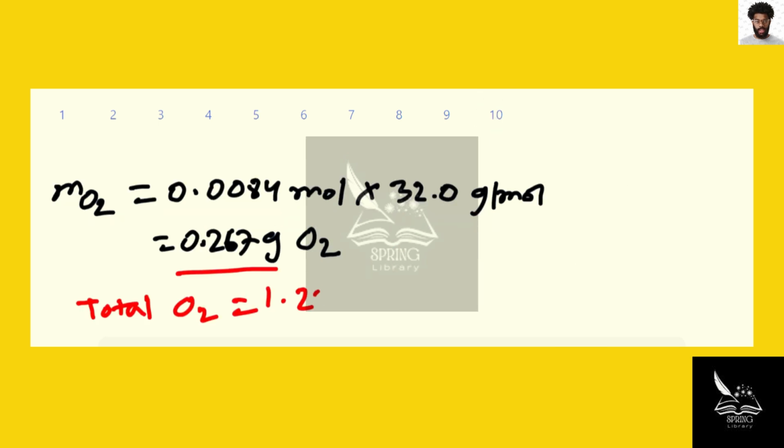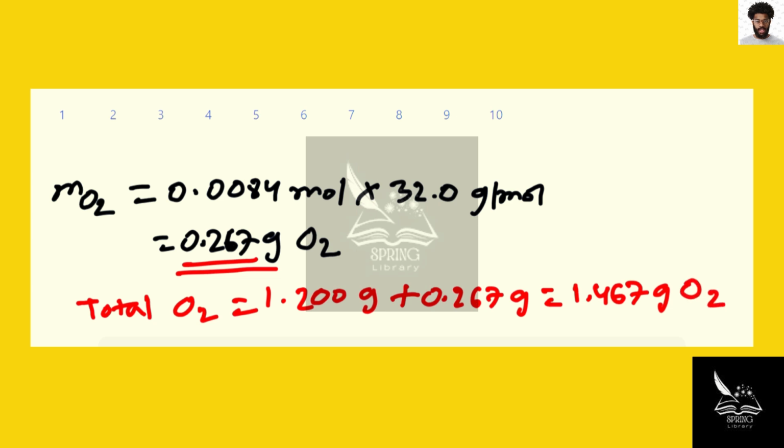So the total will be 1.200 gram plus this much oxygen which we need to convert the carbon monoxide being produced, plus 0.267 gram. The total will be 1.467 gram oxygen. So this is the mass of oxygen which would have been required for a complete combustion of the hydrocarbon.